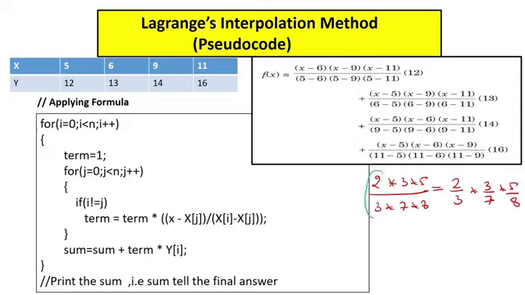That means I have grouped 2 and 3, then 3 and 7, and 5 and 8. If you find the answer of this and the answer of this, both will be the same. According to mathematics, these both are equivalent.